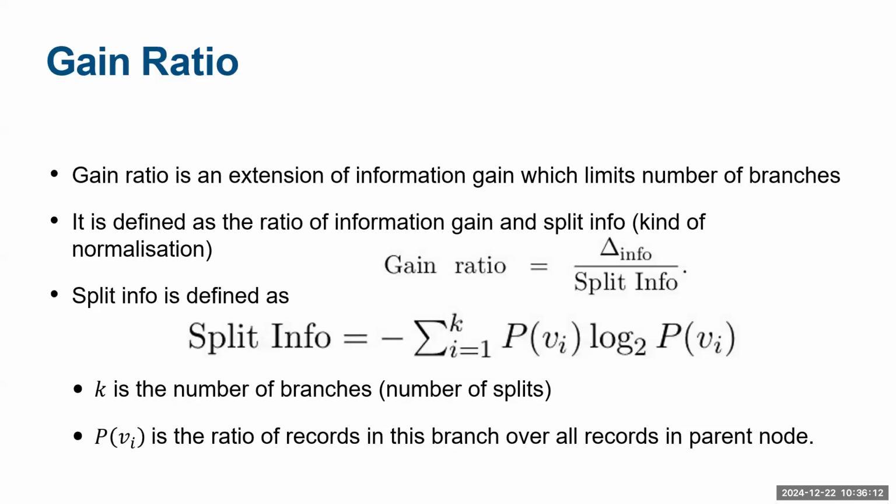And they use a different measurement, right? So we have the information gain, with the entropy of the parent minus the sum of the weighted entropy of the children. So this is our information gain before.